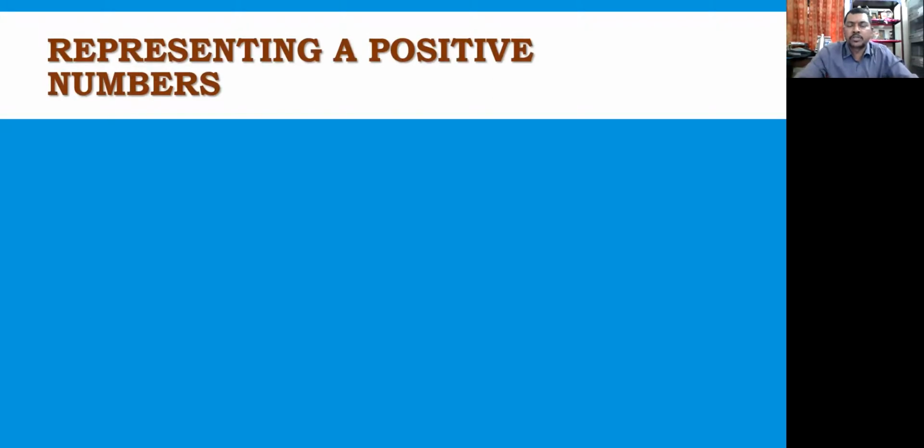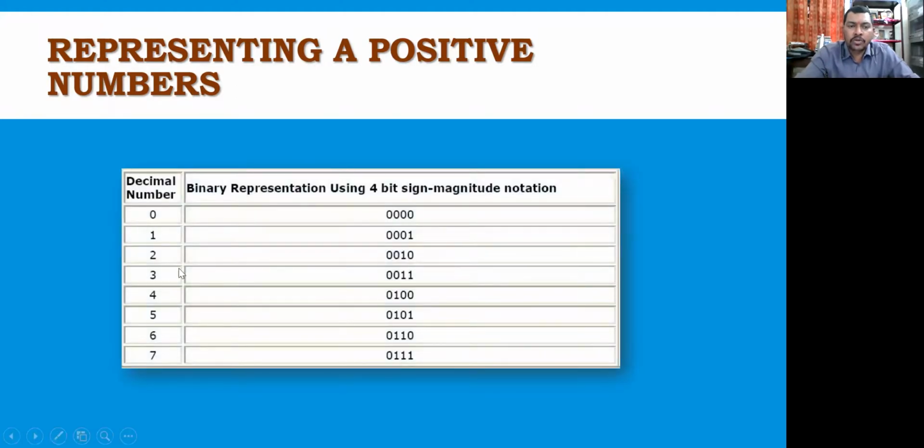Then, representing a positive number. This is in your syllabus. So how are you going to represent a positive number in binary? This is how you are going to represent 0 up to 7. And in this, if you are able to see, the first bit represents the sign of that number. If this first bit is 0, then we consider it a positive number. And if it is 1, then the number is a negative number.